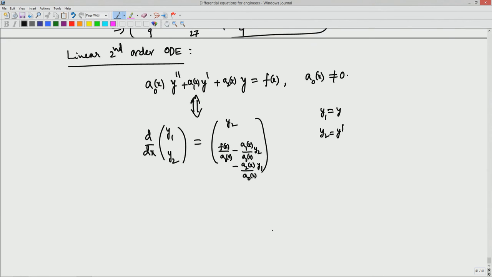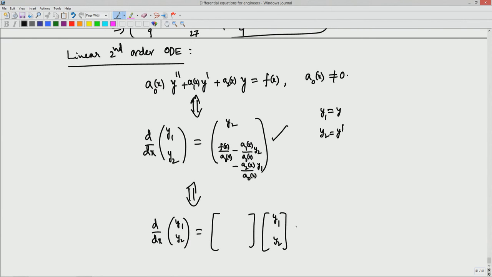Okay, so this is the system of equations. So you have two coupled equations in y1 and y2. So this is actually equivalent to d/dx of y1 and y2. You can split it as a matrix times y1 and y2 plus some vector, which is 0 and f by a0(x).